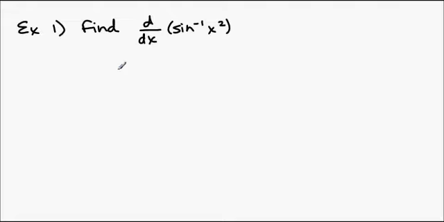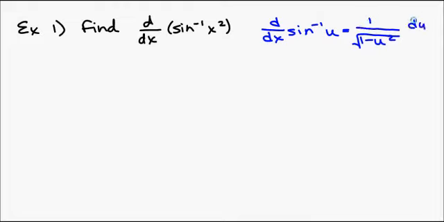So we just established that d dx of arc sine u is 1 divided by the square root of 1 minus u squared times du dx. Okay, and here my x squared is my u.